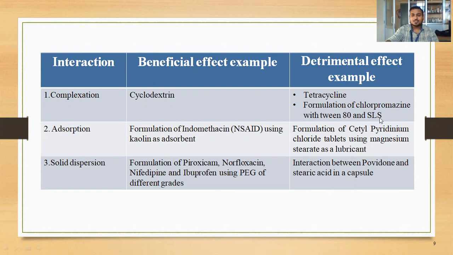These are giving some examples like absorption. In case of absorption, formulation of indomethacin using kaolin as an absorbent, and formulation of cetylpyridinium chloride tablets using magnesium stearate as a lubricant.